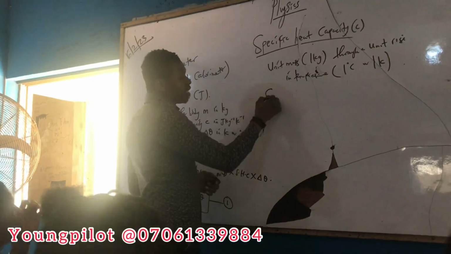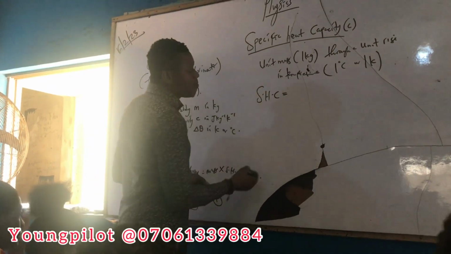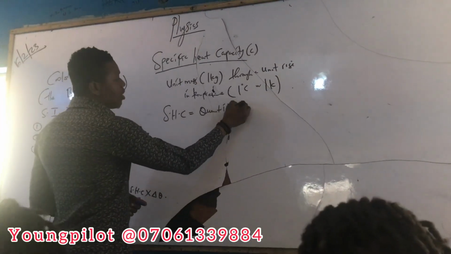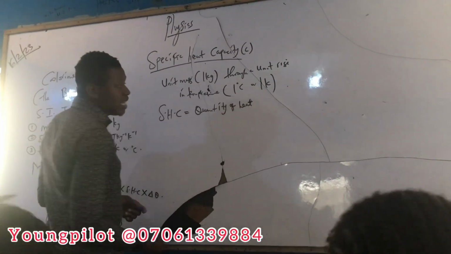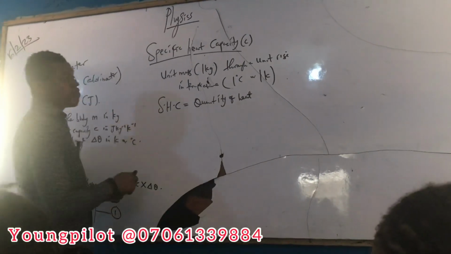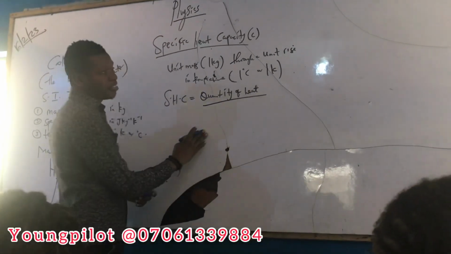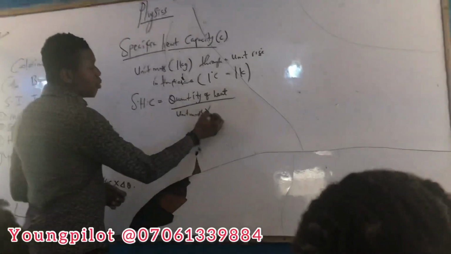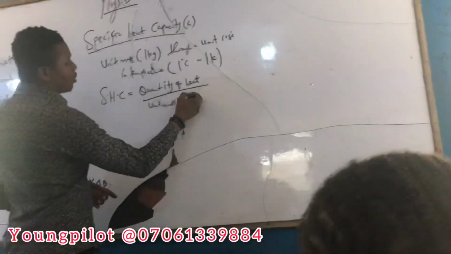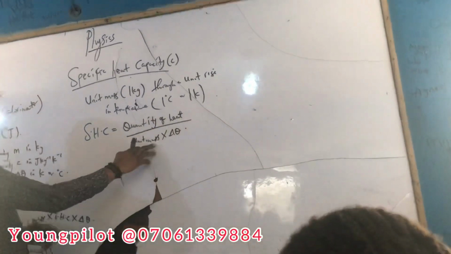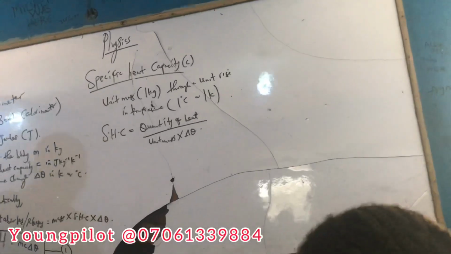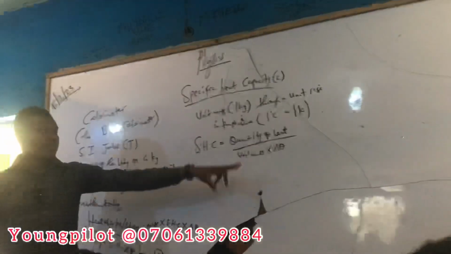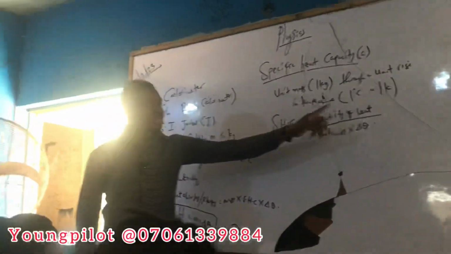We said specific heat capacity is defined as the quantity of heat needed to raise a unit mass of a body through a unit temperature.